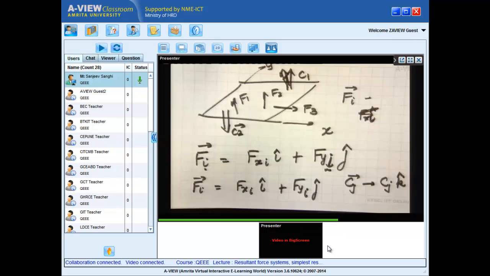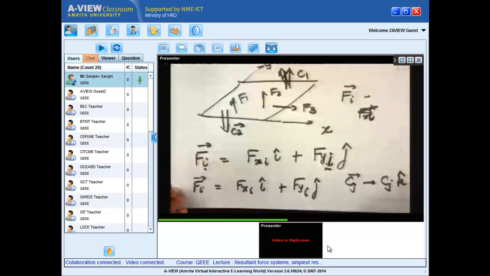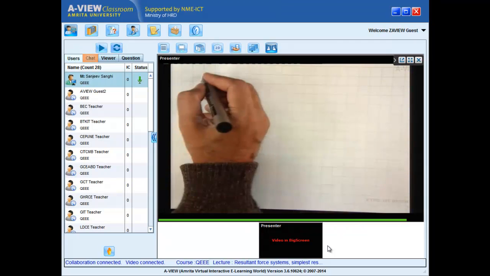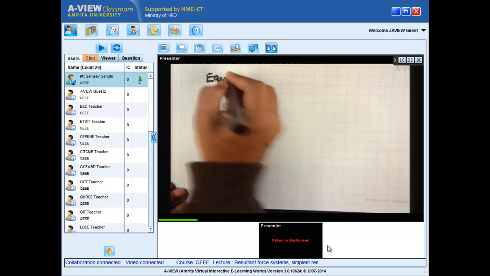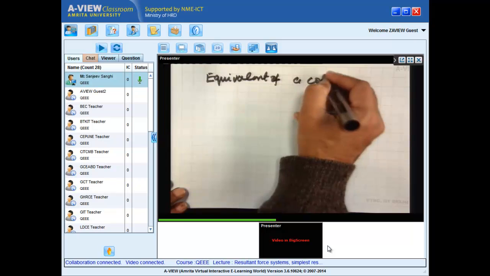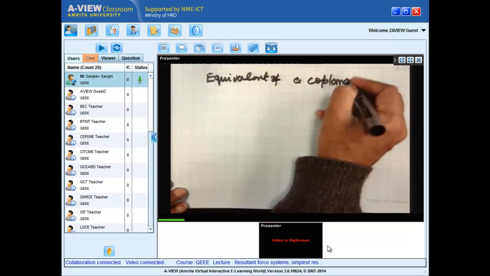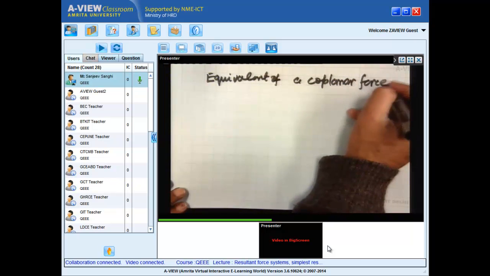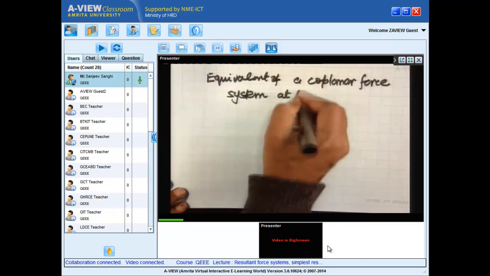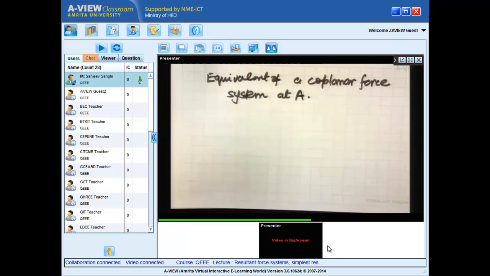So now, if we want to find the equivalent force system at point A, so we want to find the equivalent of a coplanar force system at some point A.